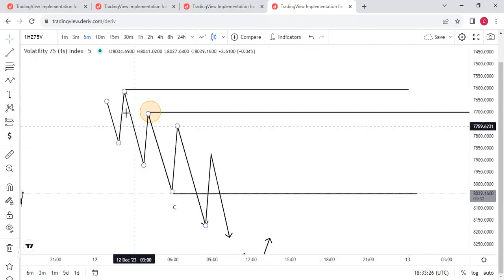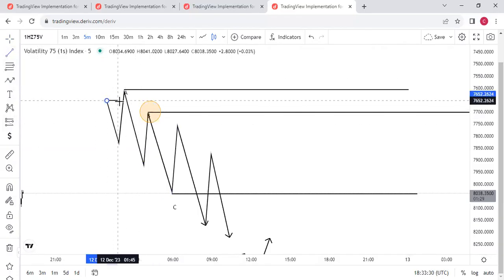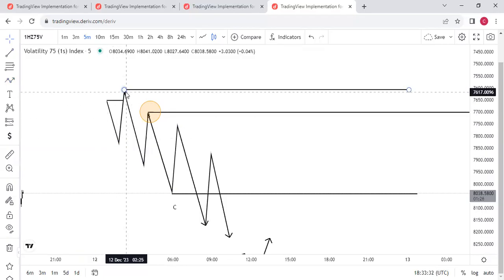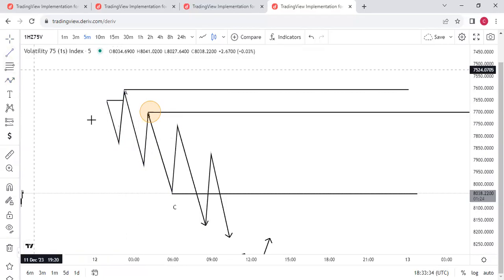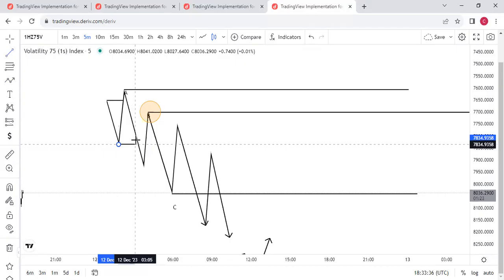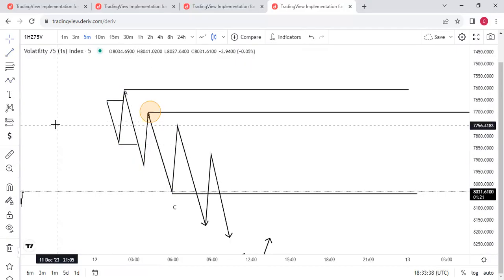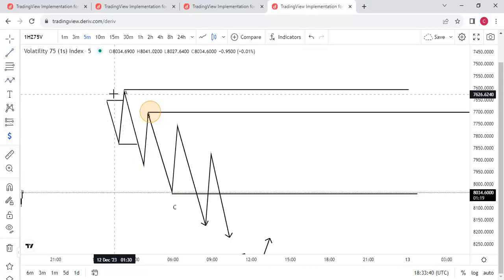If price takes out the previous high, this is your previous high, and breaks structure to the downside, you have a bearish sweep of liquidity. Because this right here will become your liquidity that was swept.